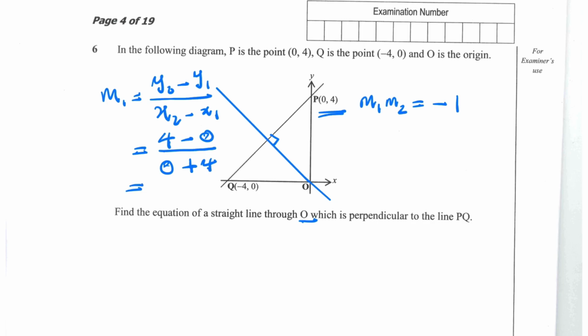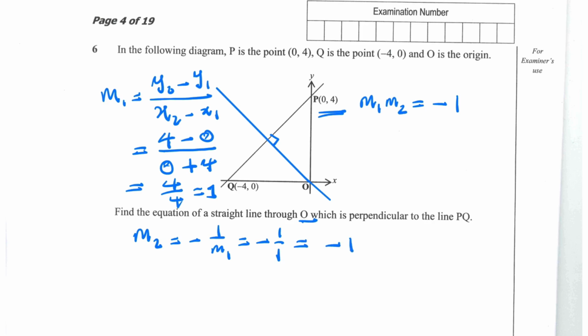So this is just 4 divided by 4, which is equal to 1. Since m1 times m2 is -1, m2 will be equal to -1 over m1, which is -1 over 1, which is just -1.